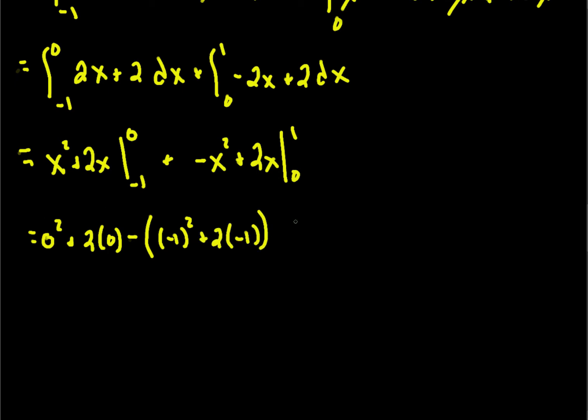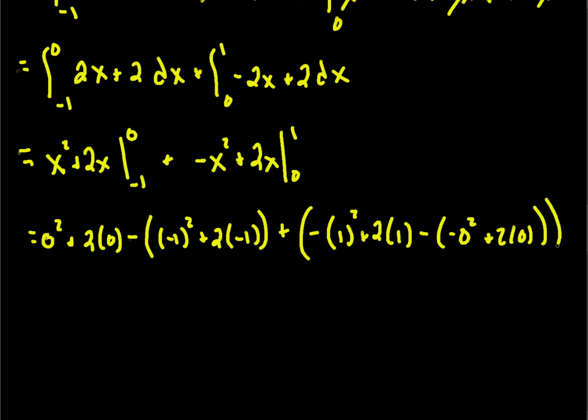That's that region. Plus -1 squared plus 2 times 1 minus 0 squared plus 2 times 0. So 0, 0. This is a 1, and this is a -2.